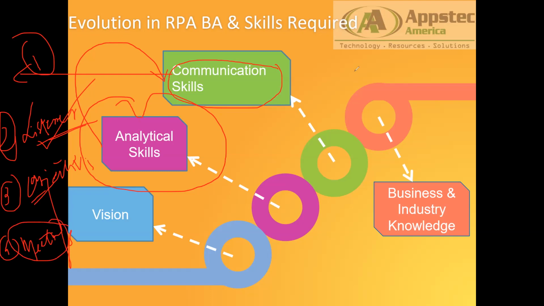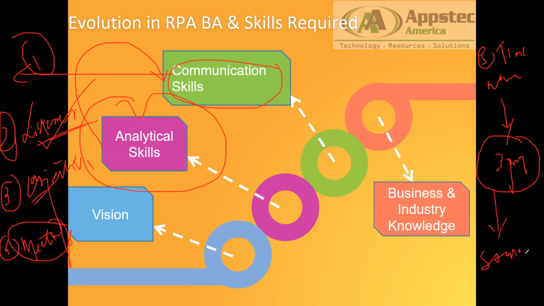The fifth one, which is very important, is time management. Let's say you are working on 3 different projects as a business analyst, and all of them have different stakeholders, right? So you are dealing with 3 different stakeholders, 3 different problems.